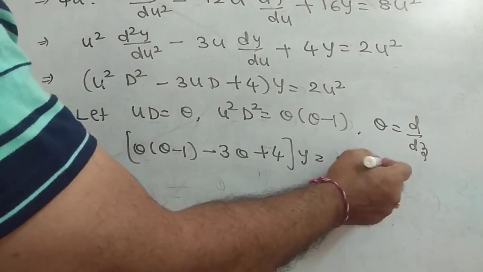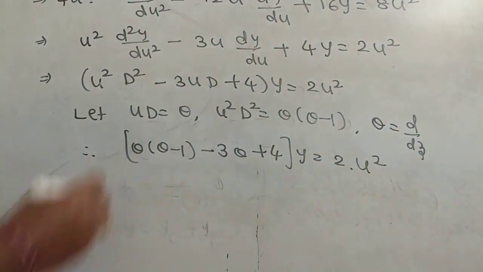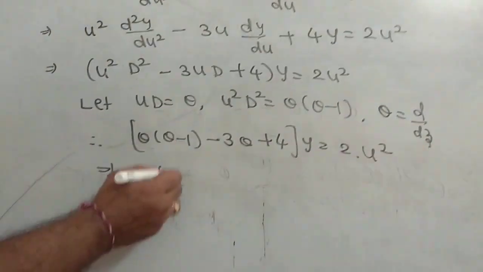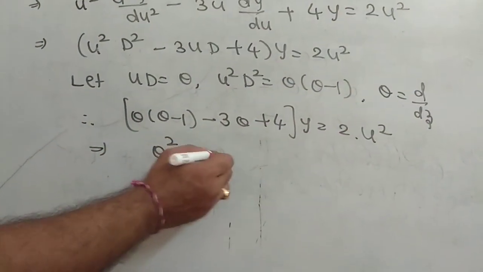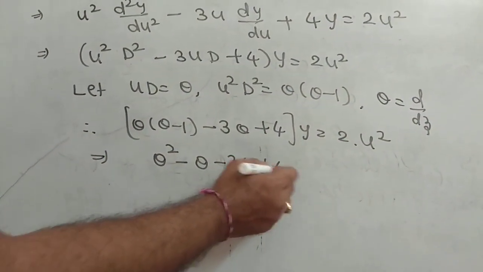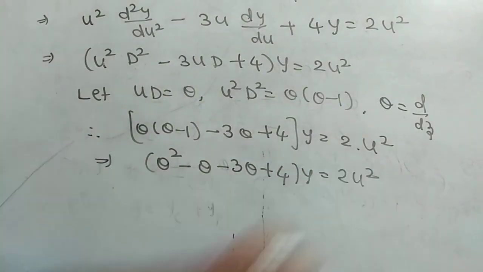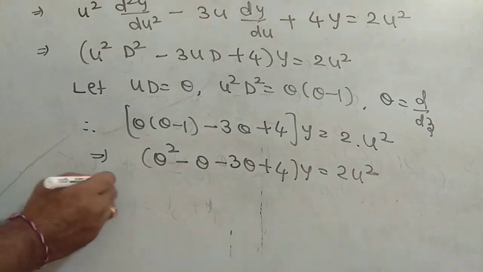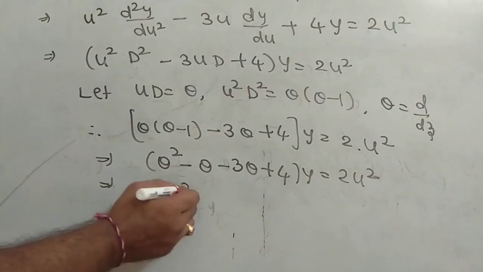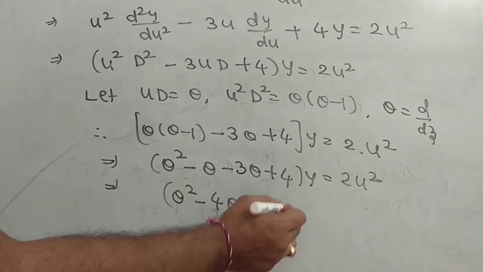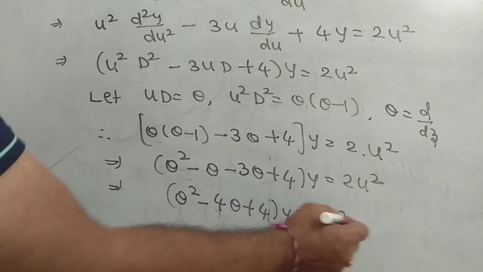Now make the simplification. It becomes theta square minus 3 theta plus 4, of y equal to 2u square. Okay, now this is theta square minus 4 theta plus 4, of y equal to 2u square.